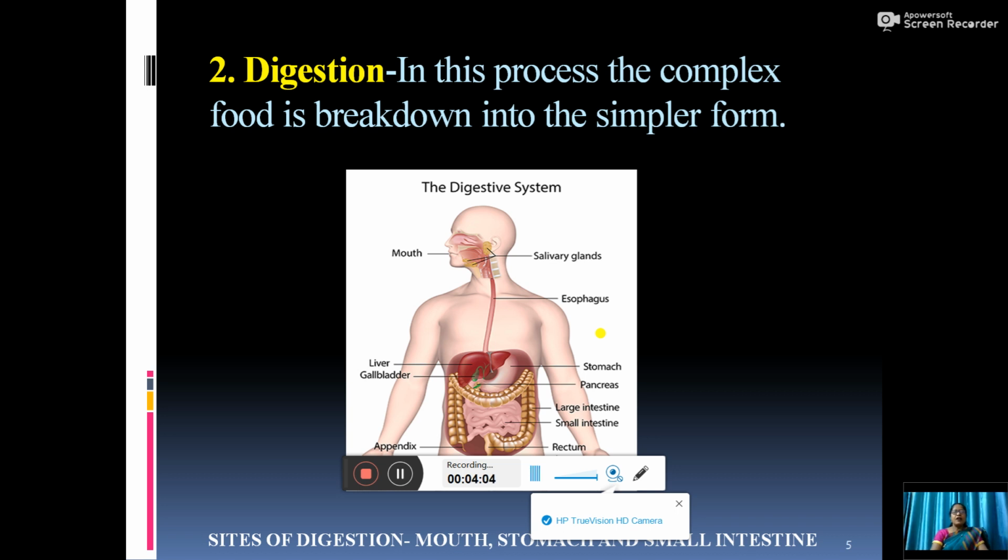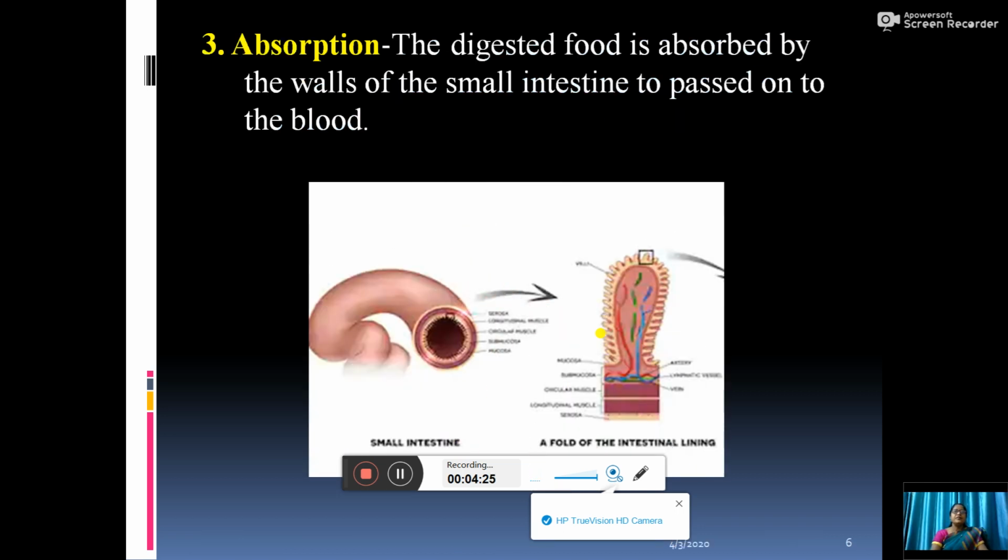These are all the parts involved in the digestive system. And again I told you that the alimentary canal is from the mouth to the end of the anus. Now next, the third step here is absorption.